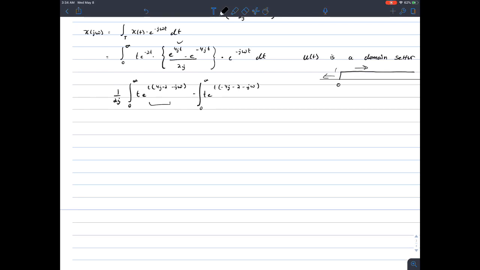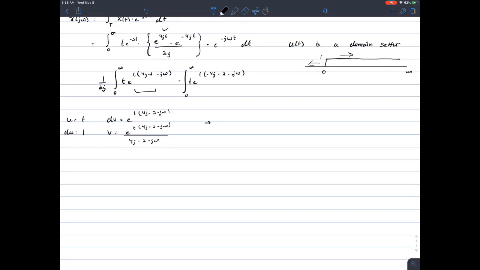So u is going to equal t, so du is going to be equal to 1. dv is going to be equal to e^(t(4j - 2 - jω)). v is going to be equal to e^(t(4j - 2 - jω)), all divided by (4j - 2 - jω).